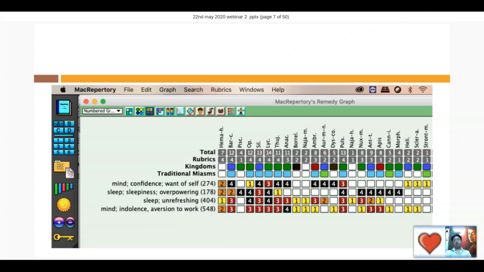Using these rubrics, I prescribed one remedy after another, but he did not respond to anything. Every time he came back and said the problem is the same, no change, no change. So after a few months he left my treatment, as there was no change. Then he went to another doctor, and after a month I met him at a function by chance.